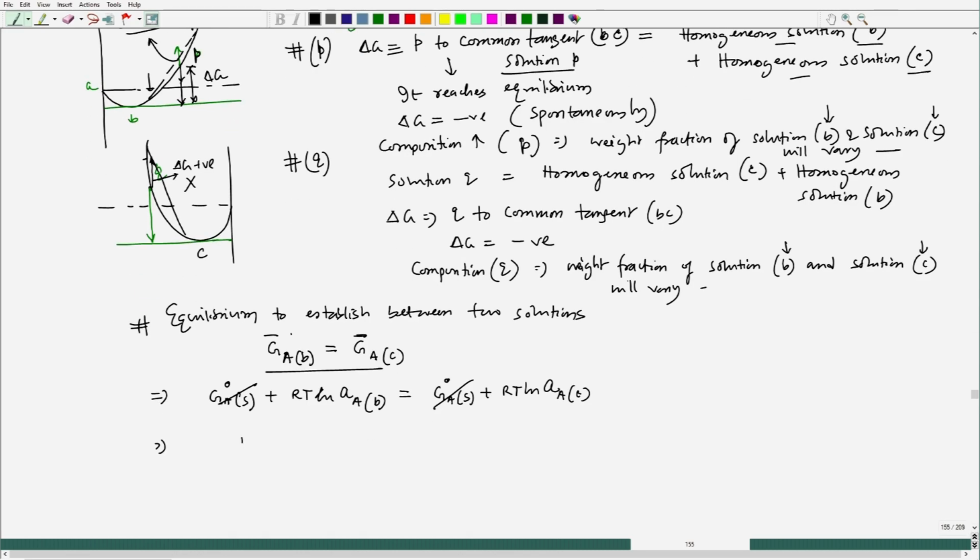So, I can write RT ln a_B equal to RT ln a_C.